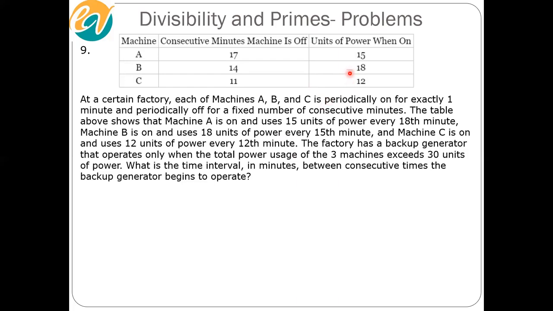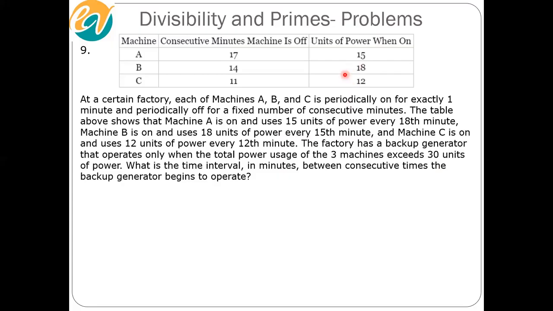How about if A and C are operational together? Will that be an issue? Notice A and C together operational would consume how many units? 27, which is still not exceeding 30.